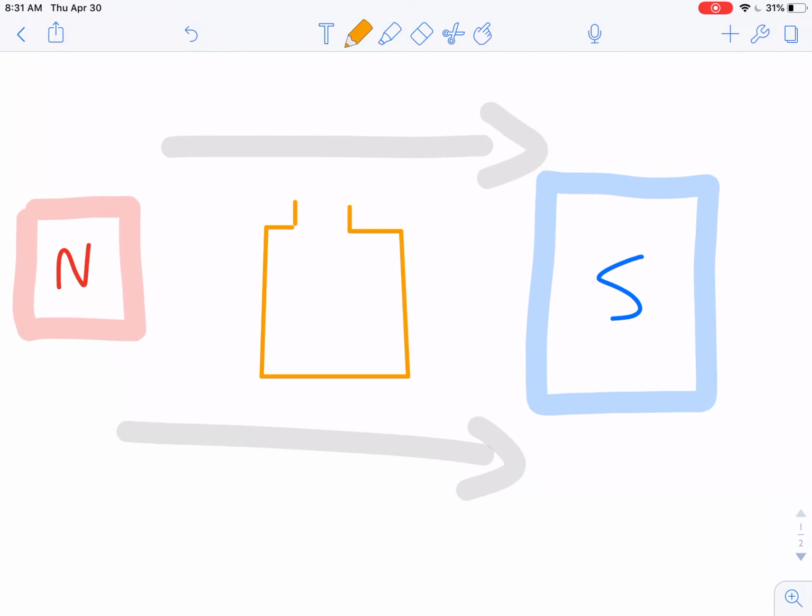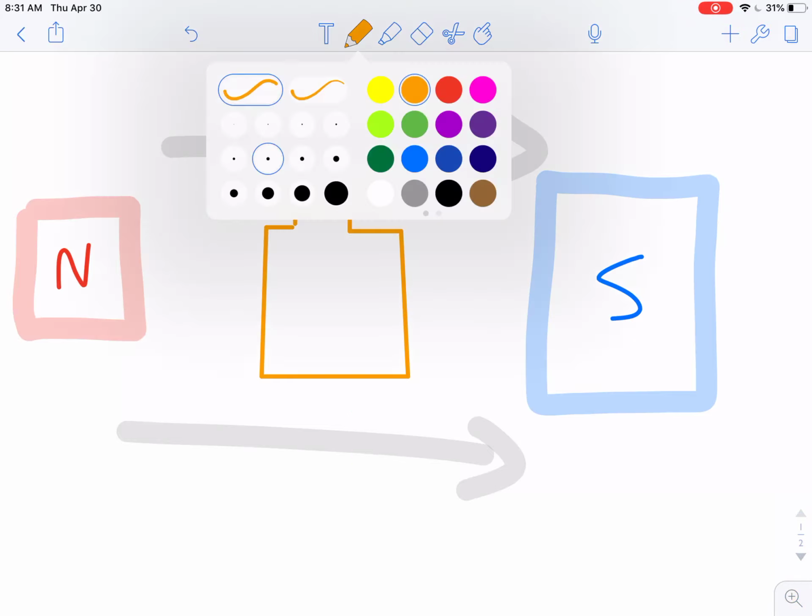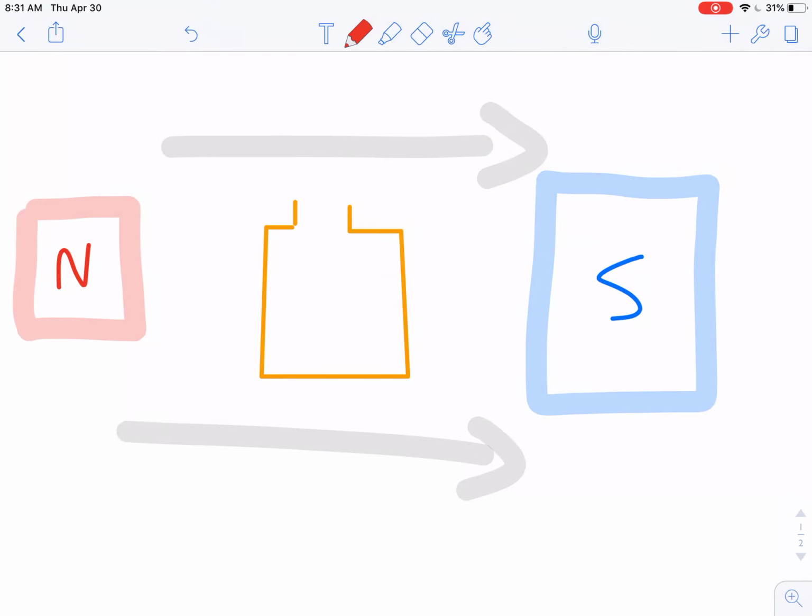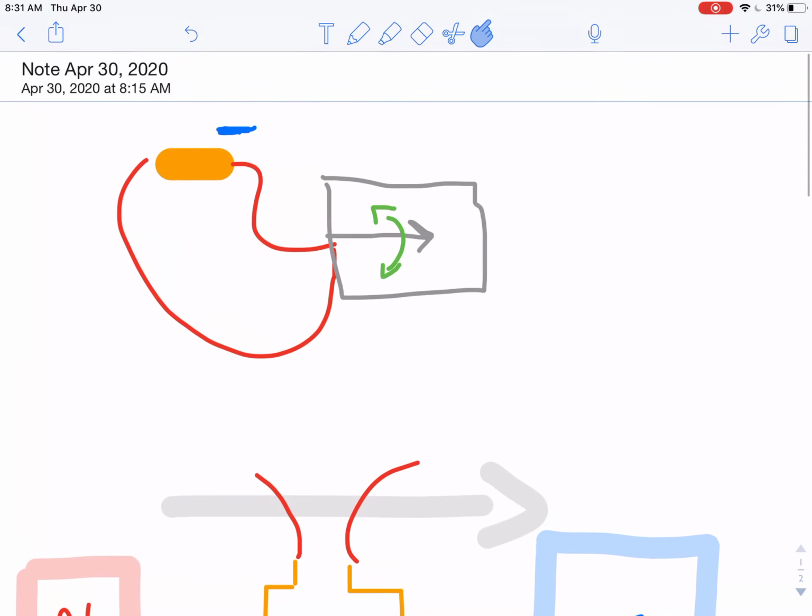Now again, this orange, this is a wire, and these wires are then connected to the two red wires that are coming from the solenoid. Make sense?